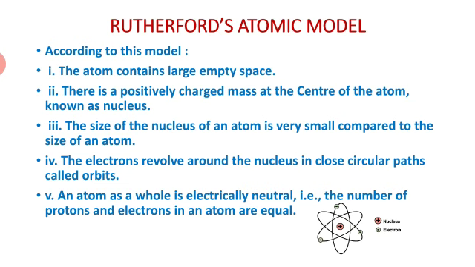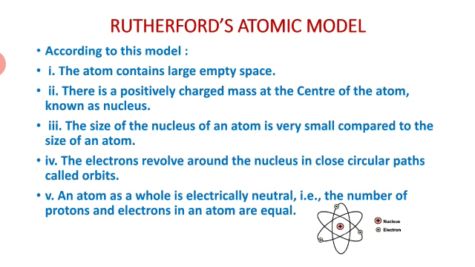The Rutherford model of atom structure is similar to the structure of the solar system. Just as in the solar system, the sun is at the center and the planets revolve around it.